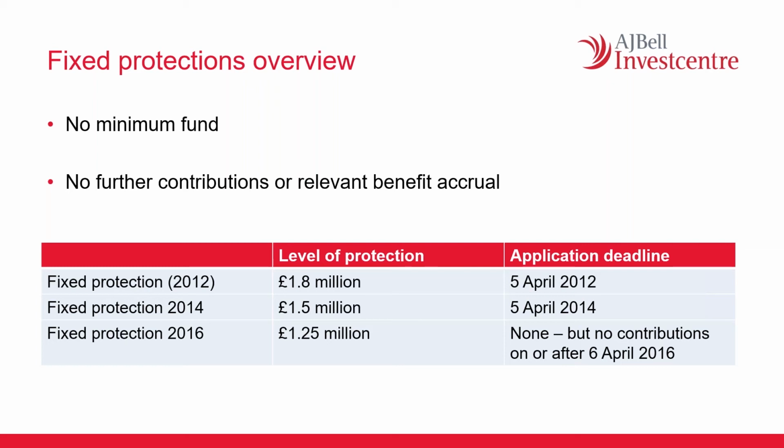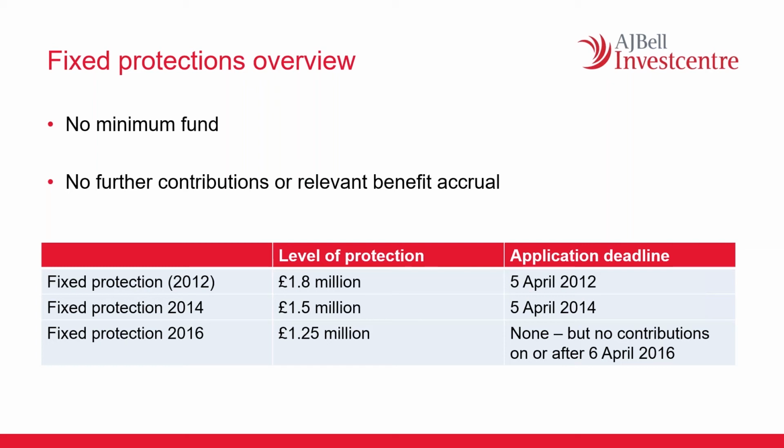The first 2 forms of it, the application deadlines have passed. Basically, you had to apply by the date of the drop in the lifetime allowance. But fixed protection 2016 is a bit different because they haven't actually put a deadline on it. So even though we're 4 and a bit years past it now, you can still apply for fixed protection.